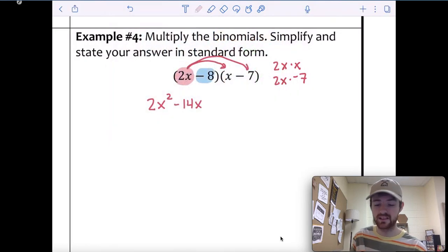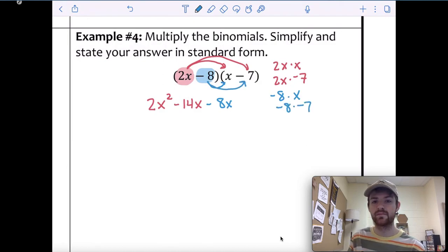Then something interesting is happening here. We want to be careful. I have a negative 8 times x, so that will give me a minus 8x. And then I have a negative 8 times a negative 7. When we multiply two negatives, we make a positive. So that's plus 56.